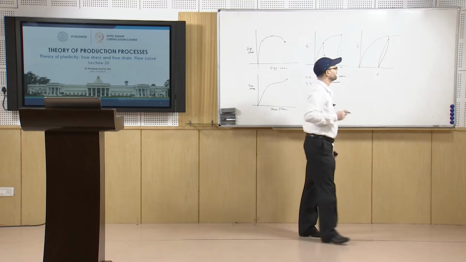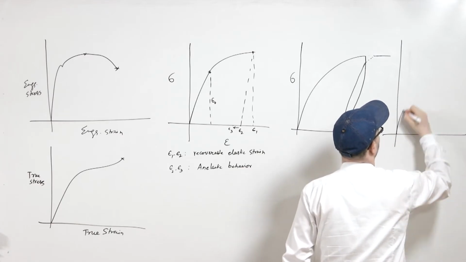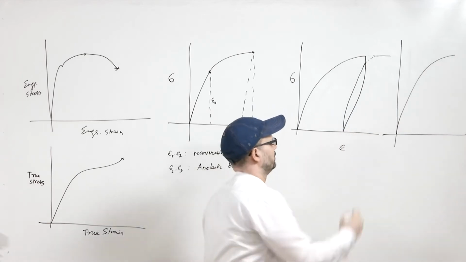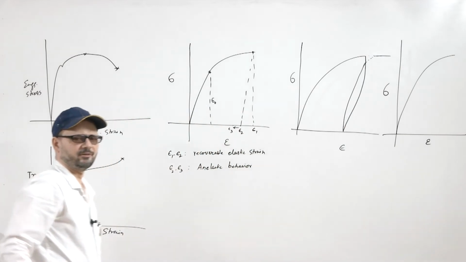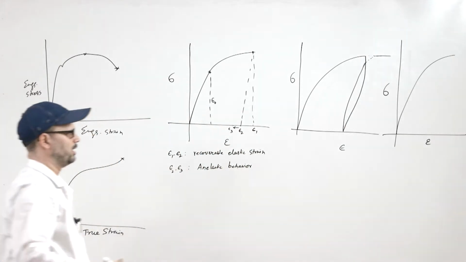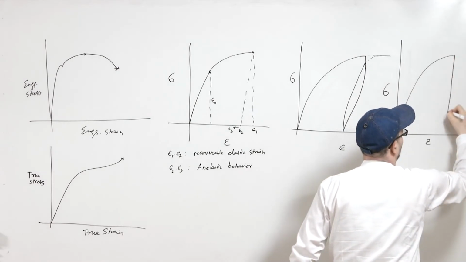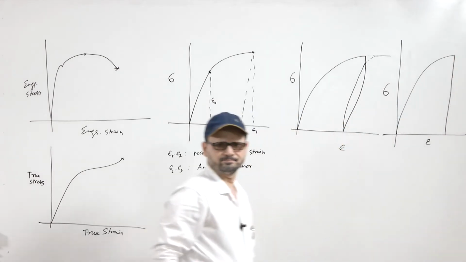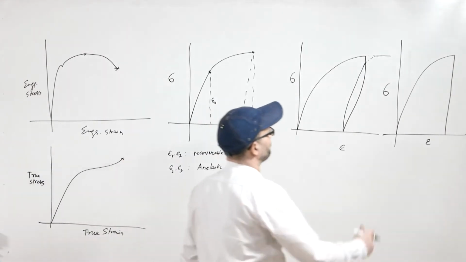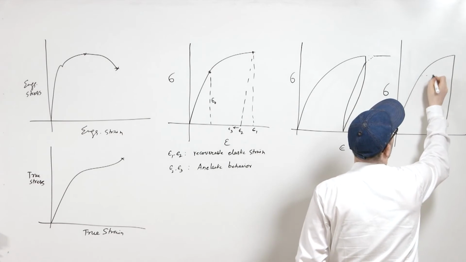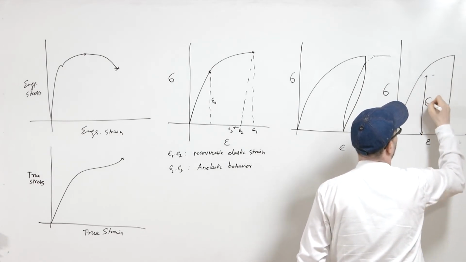Now, the Bauschinger effect tells that if you have this as the stress strain curve, and suppose you have unloaded, and then you are further going. Suppose in this case this is sigma A, that is in tension.